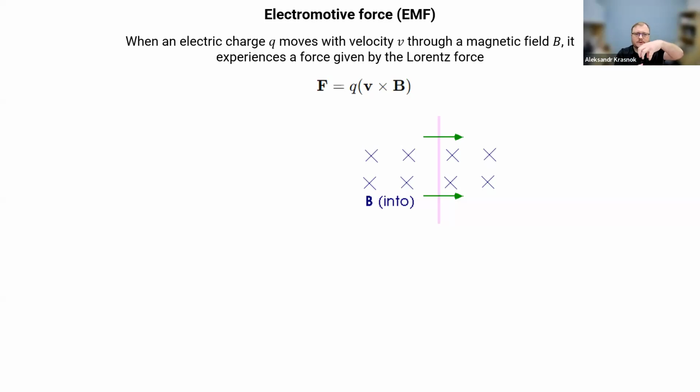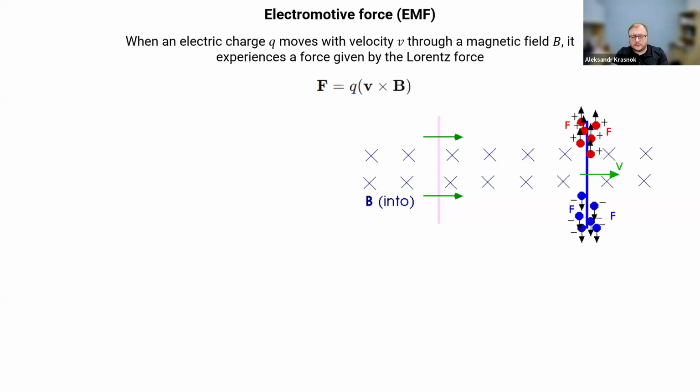gets this force, the Lorentz force, that acts on every electron in the wire, and this force is directed down, from top to down for the negative charge, for the electron. So electrons will kind of push down inside of this wire. And this is the result.